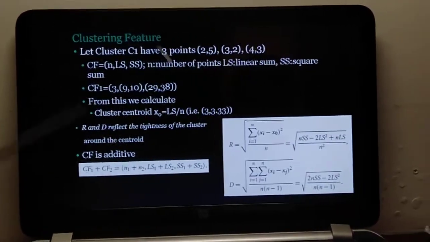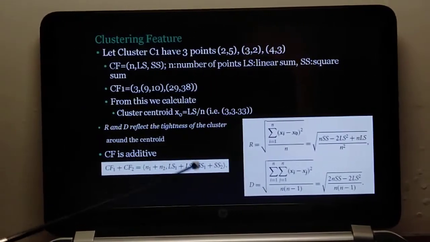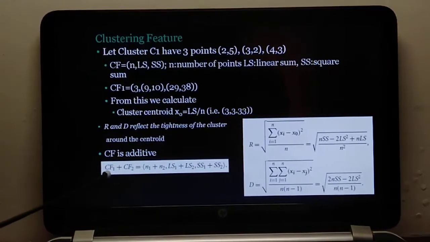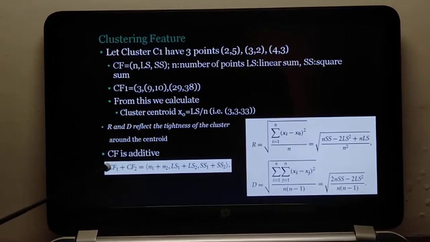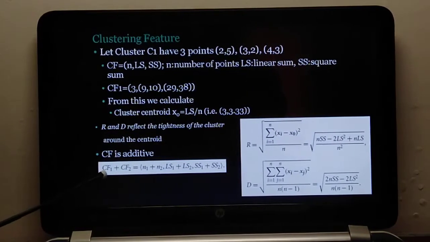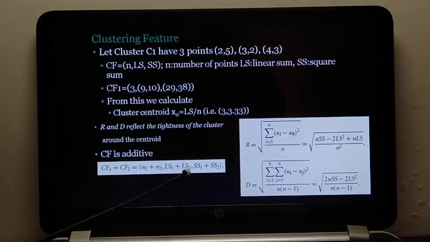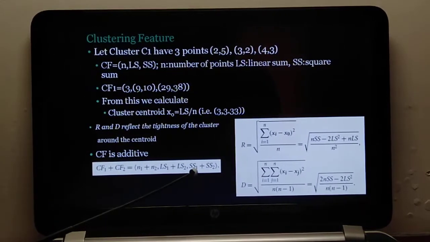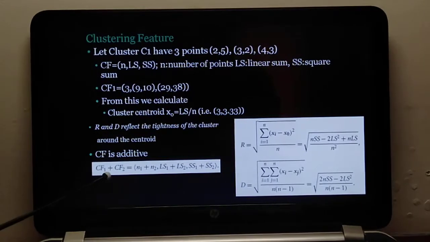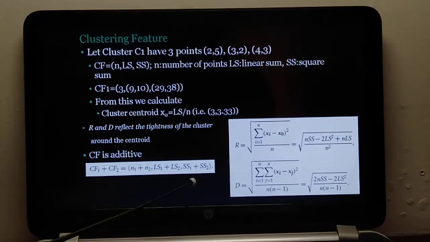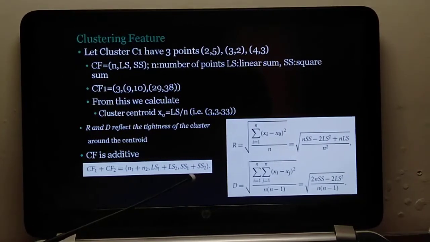That means if I've got two clusters and I know the N, LS and SS values of those two clusters, then combining those two clusters will simply be to add the N values of CF1 and CF2, that is N1 plus N2, add the LS values, that is LS1 plus LS2, and add the SS values, SS1 and SS2. So the combined cluster will have this as N value, this as LS value and this as SS value. CFs are additive.